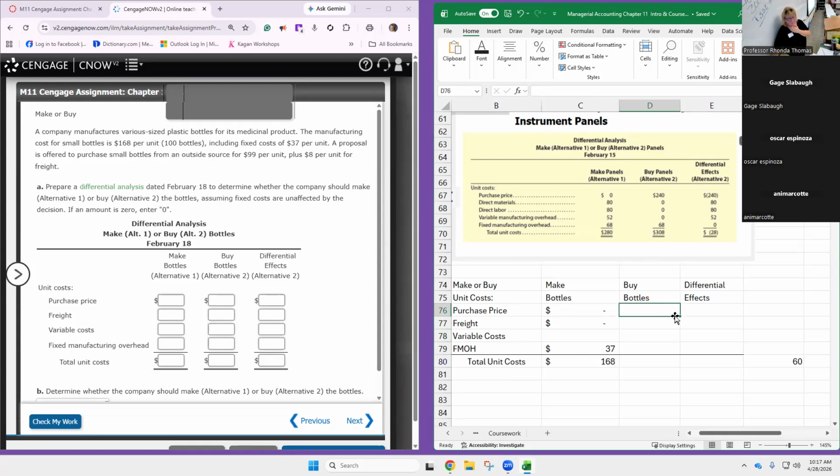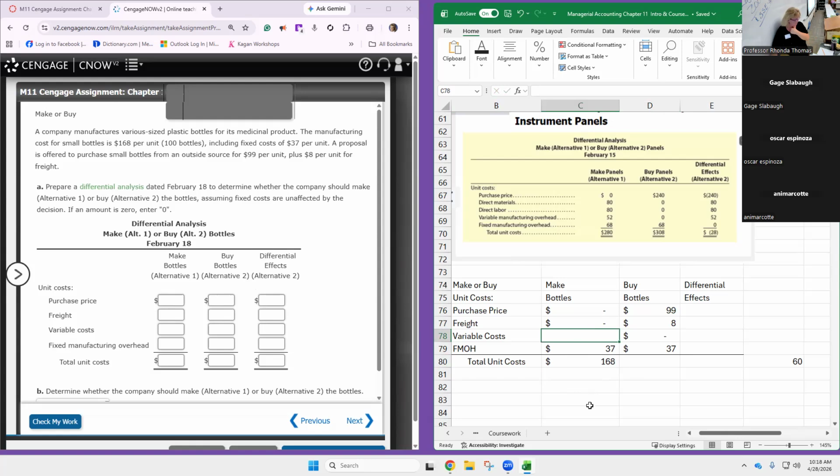So per unit is 99 and 8. All right. So there shouldn't be any variable costs if we buy bottles, right? Because that's coming from a vendor. However, fixed costs are going under either one. Okay. So now we need to come back to find these variable costs.